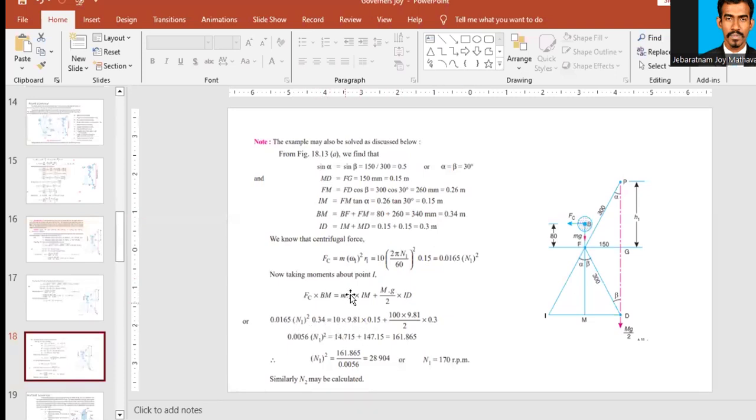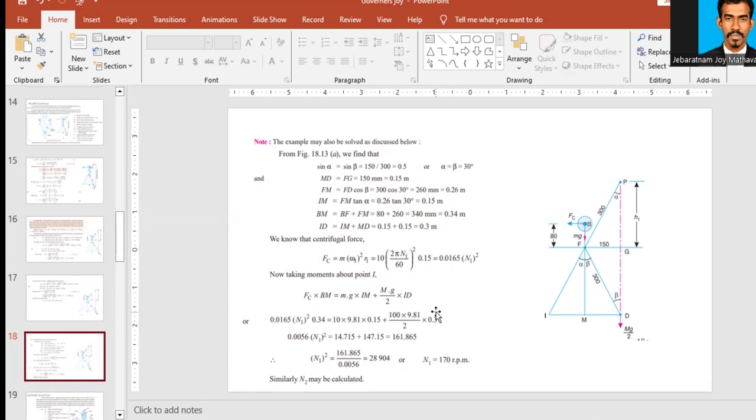0.34 is equal to small m 10, small g 9.8 gravitational acceleration, into IM, which we have already found, it is 0.15 meter, plus capital MG, capital M 100, G 9.81 by 2, into ID. ID length we have already found, IM plus MB, that is 0.3 meter.